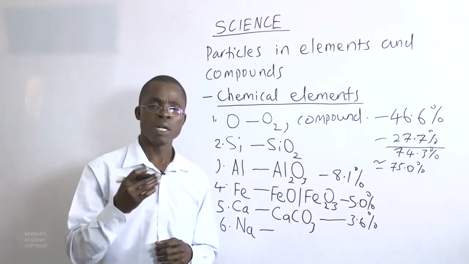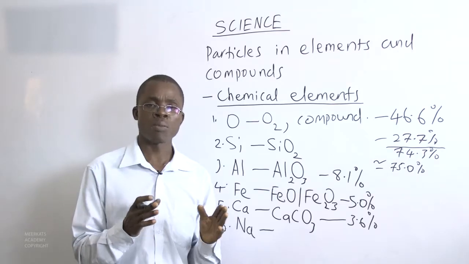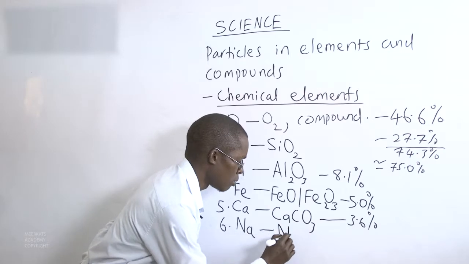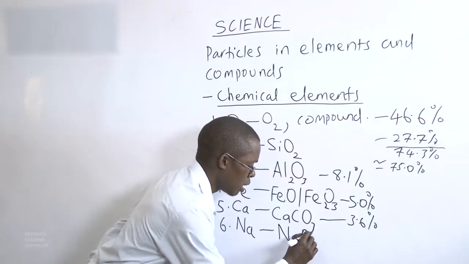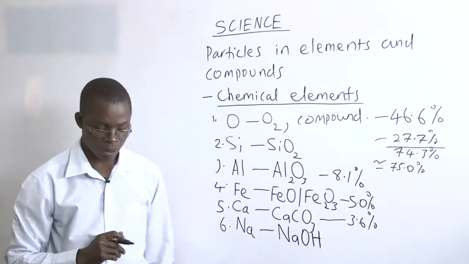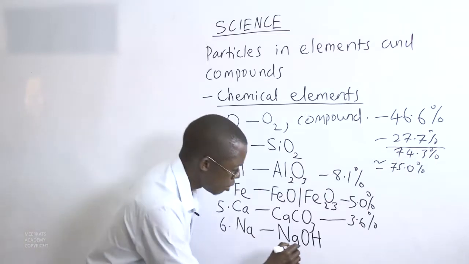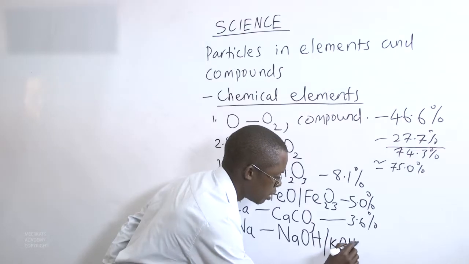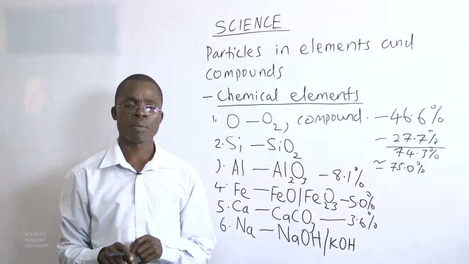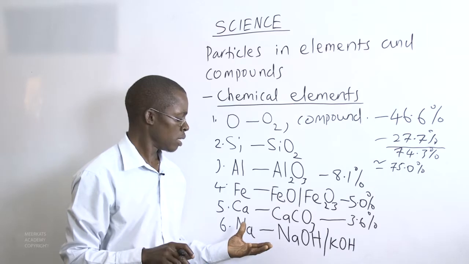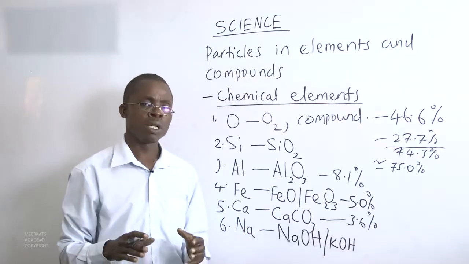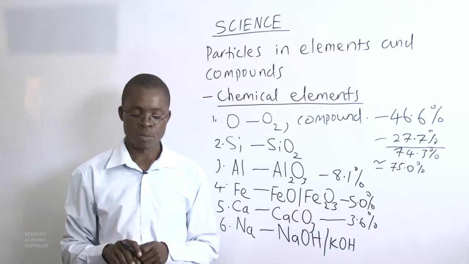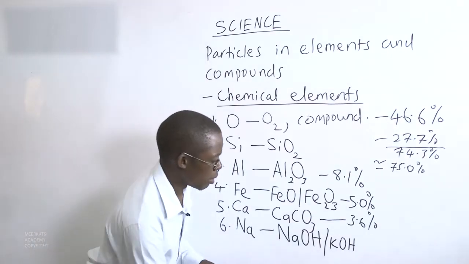And if you go further to identify which type of alkaline you are talking about, you discover that it will be sodium hydroxide or potassium hydroxide. What does this tell us? It tells us that in that wood, a very big chunk of it could be sodium and even potassium.